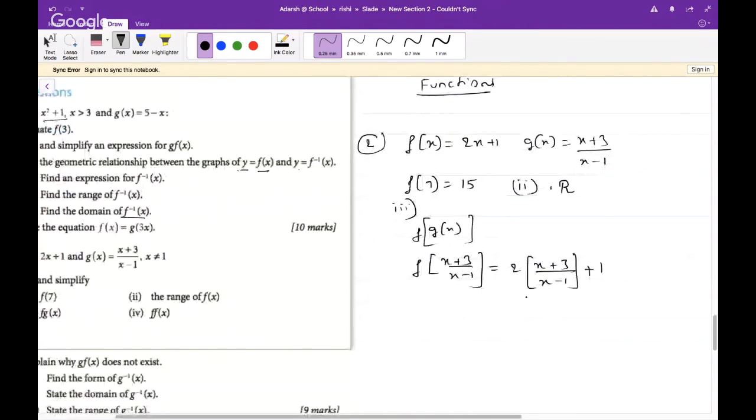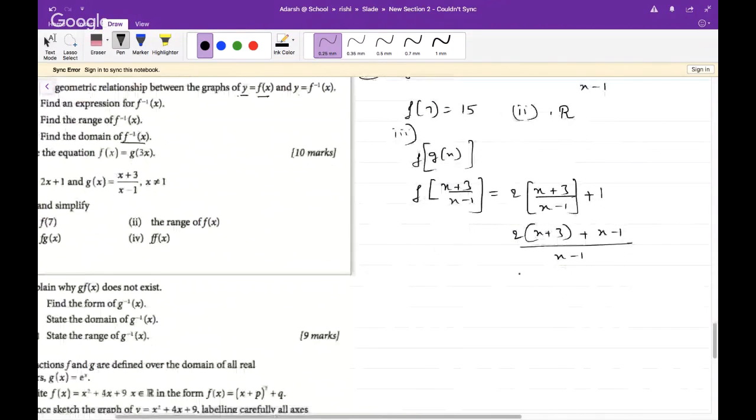Simplify this: 2x plus 6 plus x minus 1. So this is f of g of x.